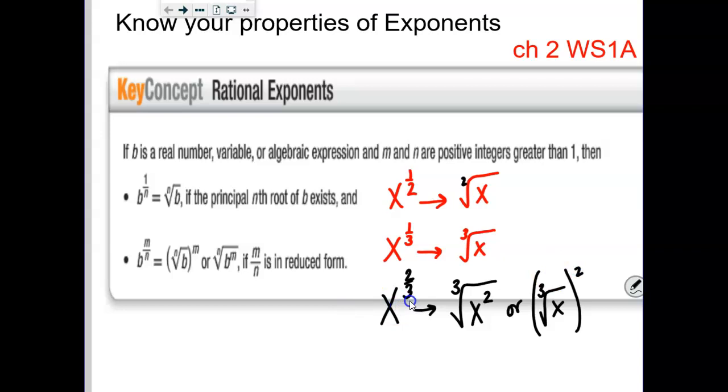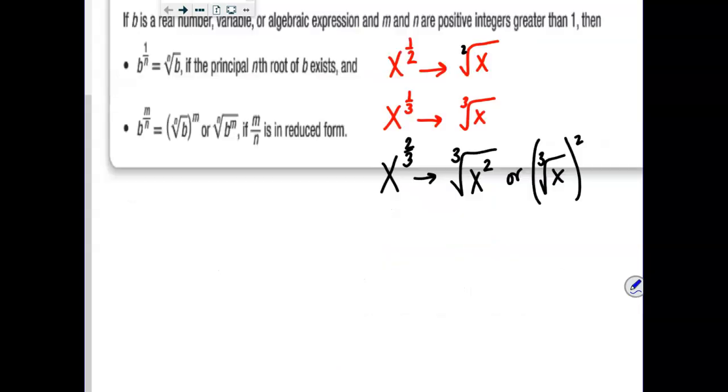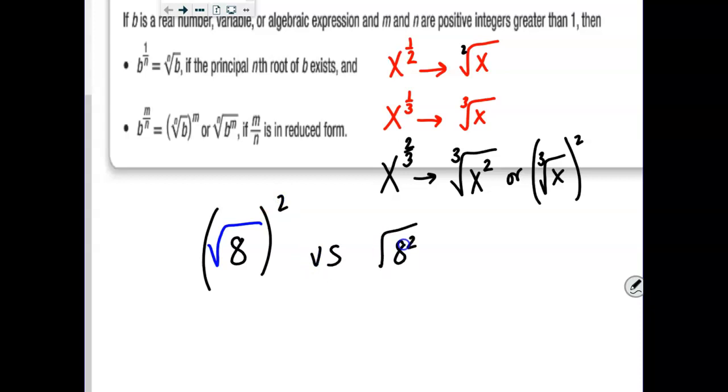Well, we can go through an example if you want. I would. Let's do one we're familiar with. So how about the square root of 8 to the second power versus the square root of 8 to the second power like this.